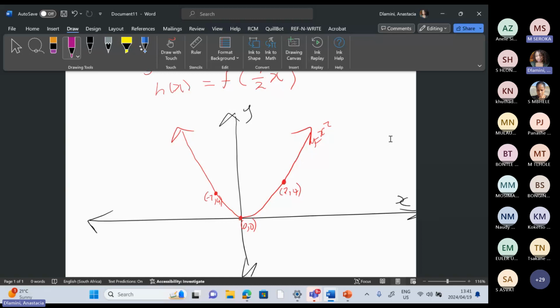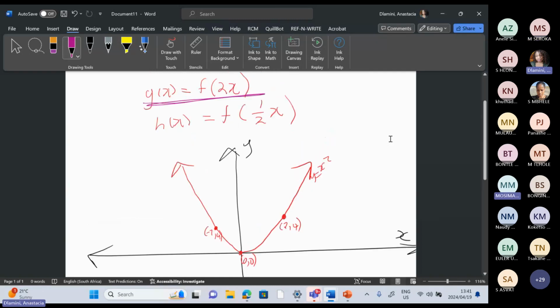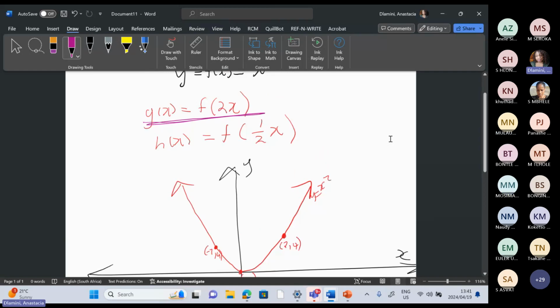What do you think for g of x, ma'am? It's going to be 0 and 4. You're giving me good reasoning for your answers, but they're not the answers. It's negative 4 and 4, ma'am. Hey, why?